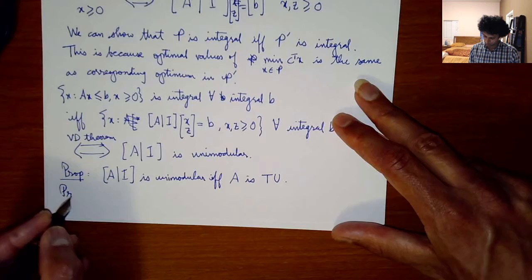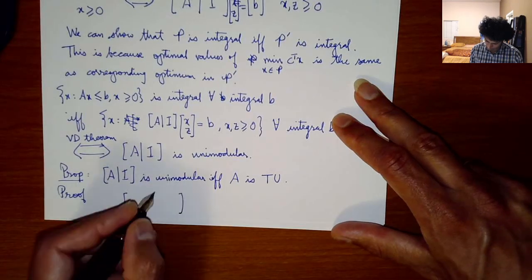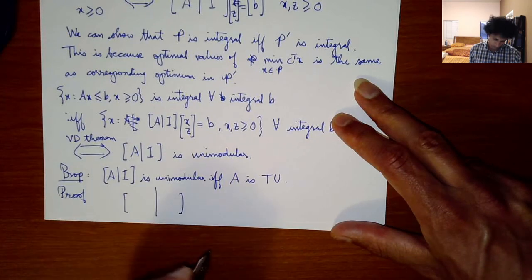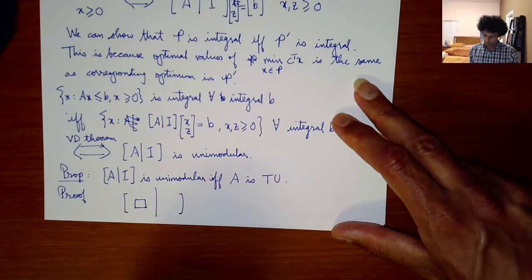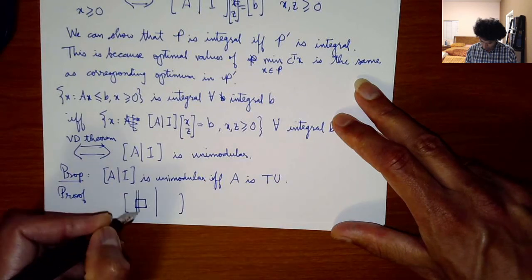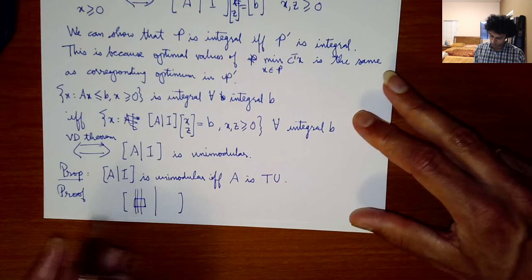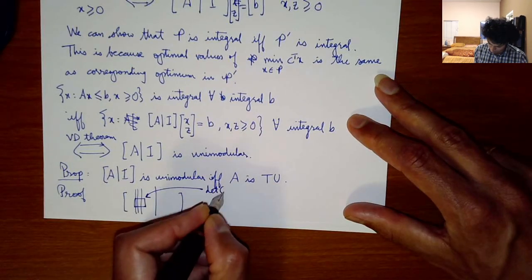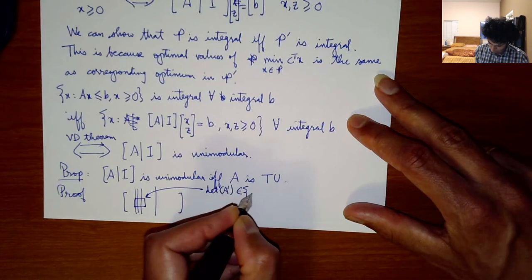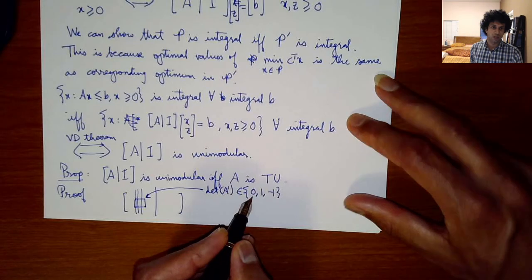Now I'll just show you a picture proof. So consider [A I]. Let's take A over here and take any square submatrix of A. We want to prove total unimodularity. So what we need to prove is that the determinant of A prime is in 0, 1, or minus 1. Suppose it's non-zero.